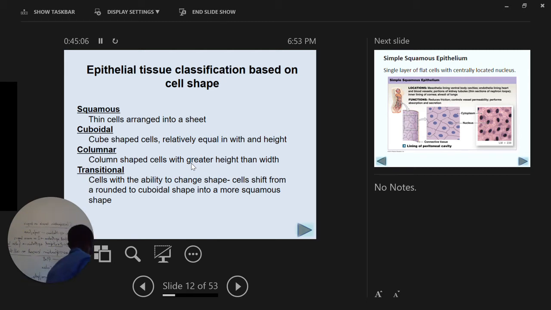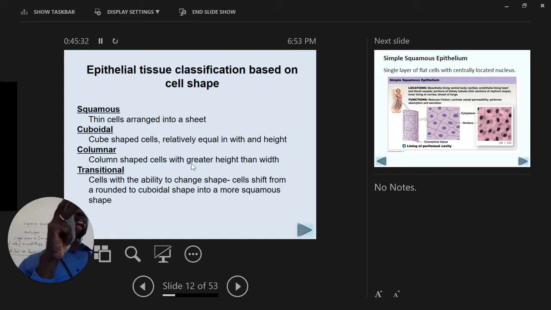Then the fourth one is transitional. Transitional means that they are able to change shape. And usually they change shape from either cuboidal to a squamous one. And that happens with your urinary bladder.